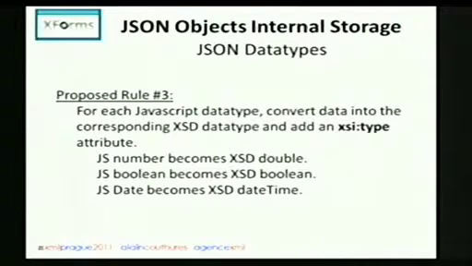You cannot distinguish a number if it's an integer or a float, well, let's say it's a double. Boolean is easier, and I also mentioned the date type, the date class in JavaScript, because it's also possible in JSON. Let's consider it as date time.